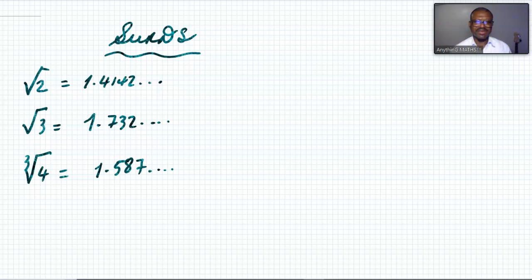Now that we know what surds are, let's look at examples that are not surds. The square root of 4 will give us a whole number, so square root of 4 is not a surd.